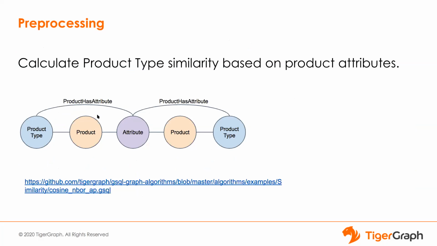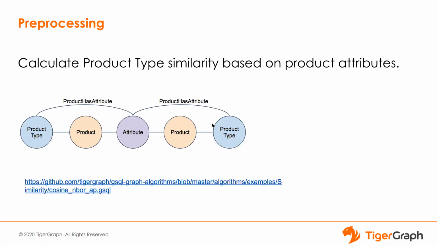Also, the last example is a graph like this, where we have product types and products under each product type, and the products have attributes, and an attribute can be shared by many products, and each product also belongs to a product type, right? So think about this. How can we run, say, cosine similarity or any similarity algorithm between the product types, right?